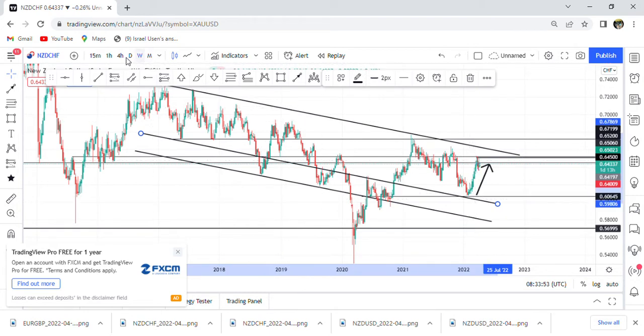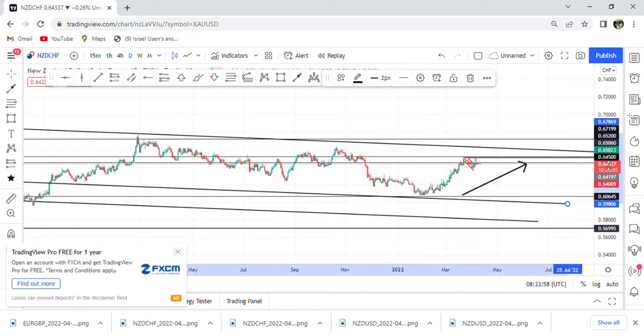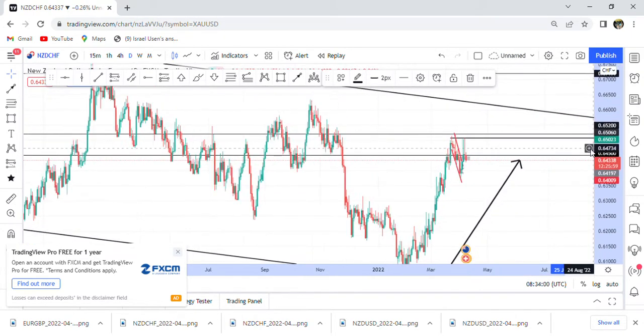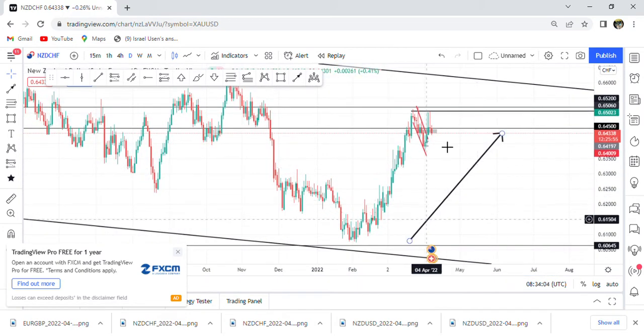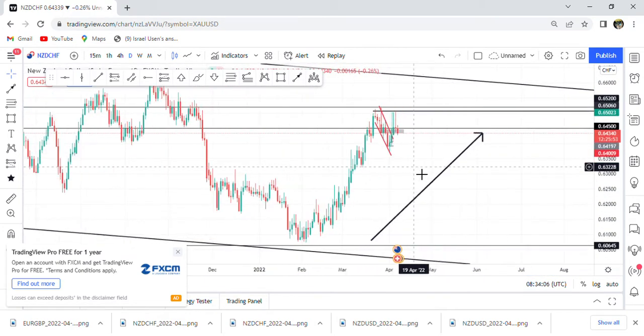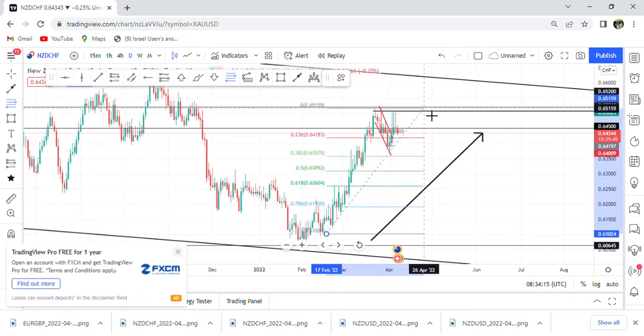So in the daily time frame, what did I see? The same thing happened, where price retraced and rejected on around or close to the 38.2 level.